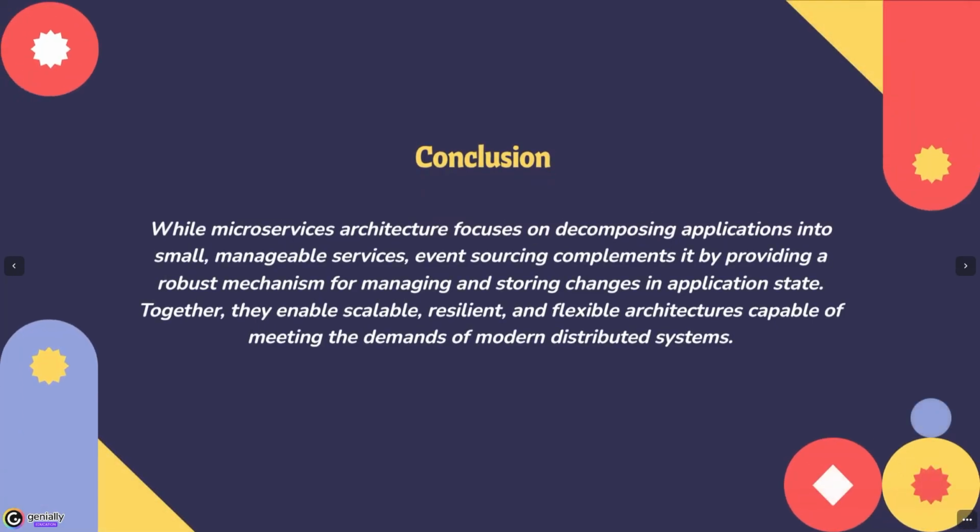In summary, while microservices architecture focuses on decomposing applications into small manageable services, event sourcing complements it by providing a robust mechanism for managing and storing changes in application state. Together, they enable scalable, resilient, and flexible architectures capable of meeting the demands of modern distributed systems.